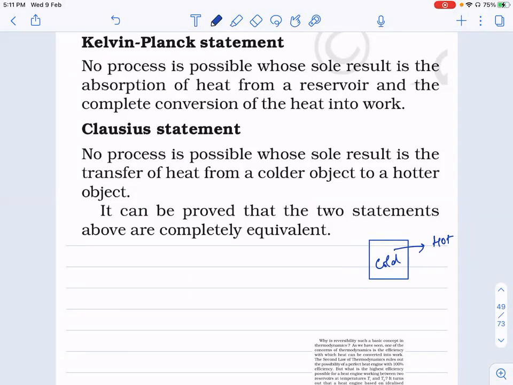First law says energy conservation should be there, total energy should be conserved, but cold से hot में अपने आप नहीं जाएगी, it is not spontaneous, on its own, it cannot go.